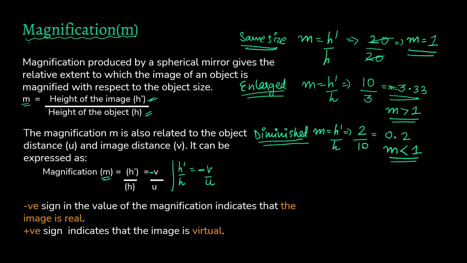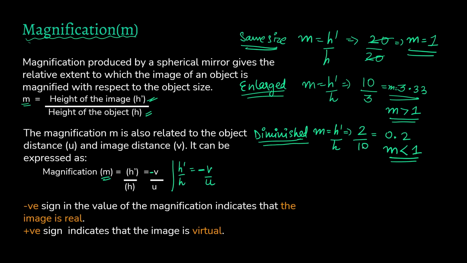Okay. And say you can't remember what case it was. Was it for enlarged? Was it less than 1 or equal to 1 or greater than 1? So quickly what you do is you remember the formula: m is equal to h dash upon h. You quickly put in any two numbers. If you want to see what it was for enlarged, enlarged means the image has to be bigger.